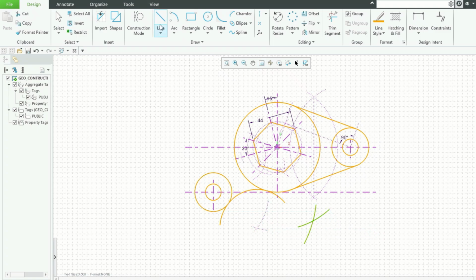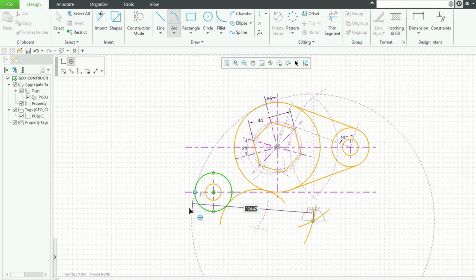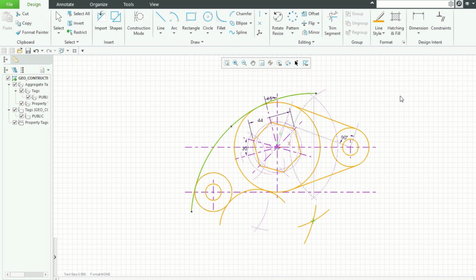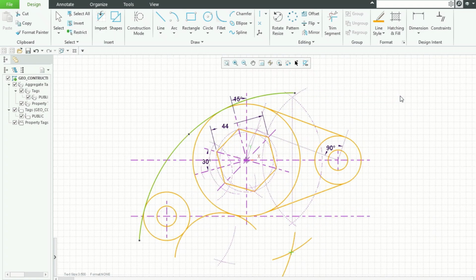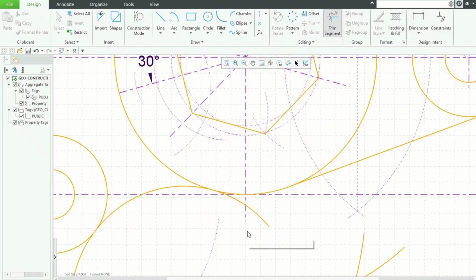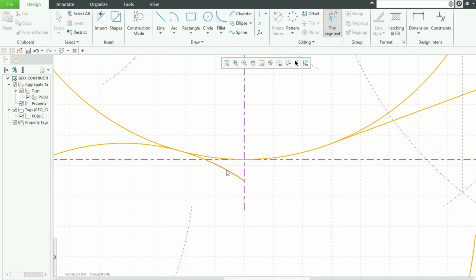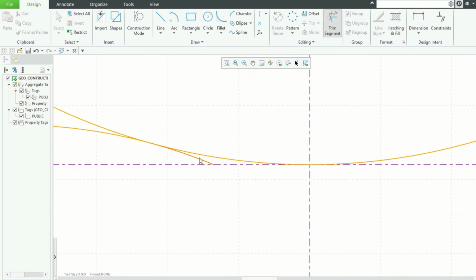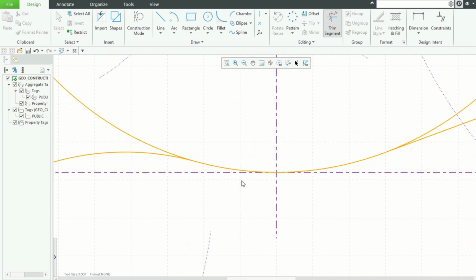From this intersection point we have to draw an arc at a radius of 125. That will be tangent to both the circles. Now let's trim the unwanted segments.